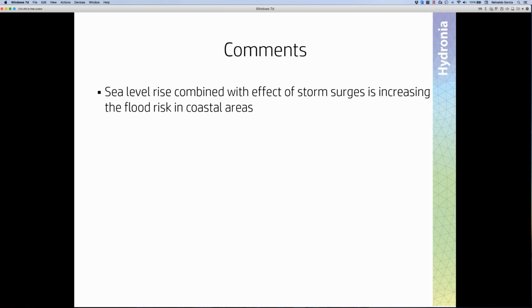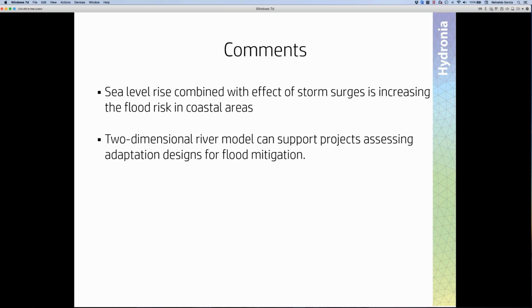and what we think at Hydronia at least that we can provide, is a tool by which you can support mitigation measures, or at least support projects that assess adaptation to evaluate designs that can mitigate flooding in some way.